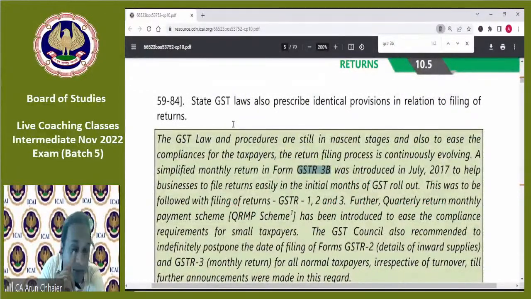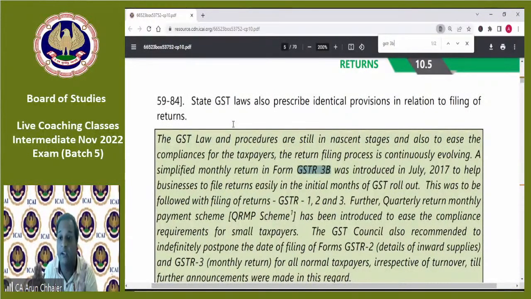GSTR 3B is a monthly return or quarterly return, depending upon the frequency. But it will have the summarized information, not the detailed information. It will have the outward supplies, total tax liability, total ITC, balance tax payable. You can use the ITC or you have to pay through cash.